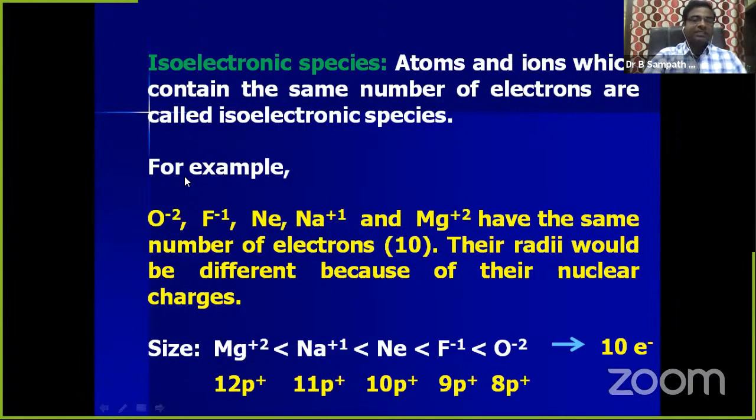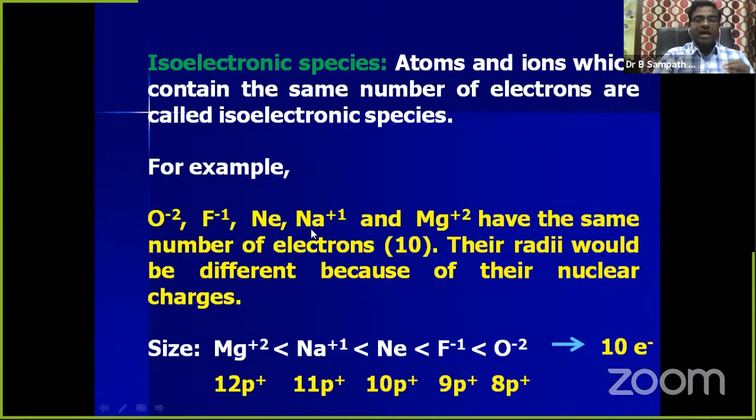For example, let us see. Here, oxygen, after getting 2 electrons, this is the oxide ion, O minus 2. And here, fluorine atom, after getting 1 electron, this is the fluoride ion, F minus 1. And this is neon.